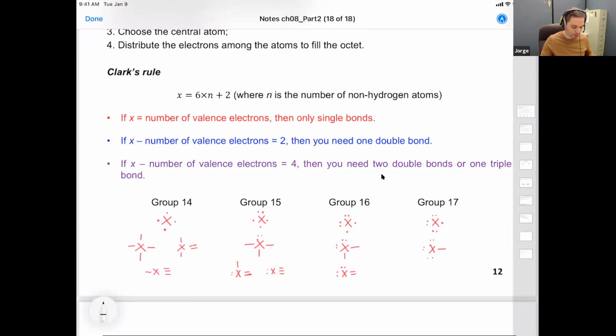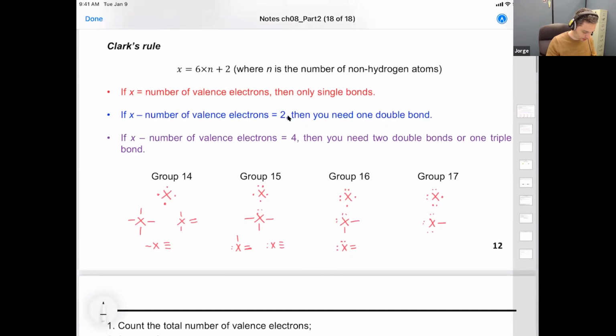Okay, so remember, hydrogen, 1 single bond. Group 17 usually also 1 single bond. And then groups 14, 15, and 16 are more versatile. And you can use this idea here to try to figure out the number of bonds in the central atom with the Clark's rule that will guide you through the correct structure.